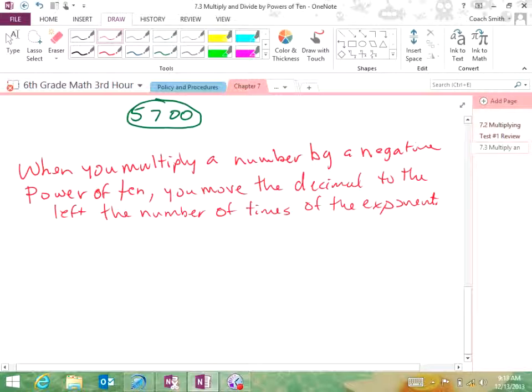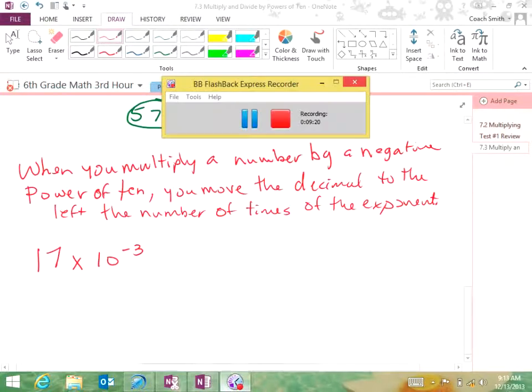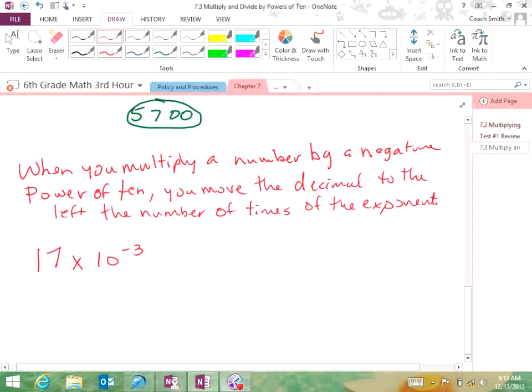Okay, so let me look at another one of those. Let's see here. 17 times 10 to the negative third power. Well, that's 17. The decimal would be right here, to the far right, behind the 7.